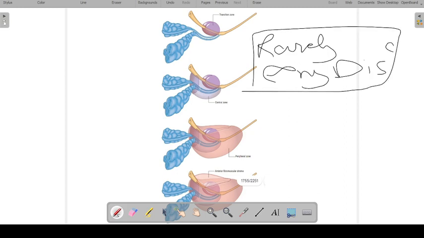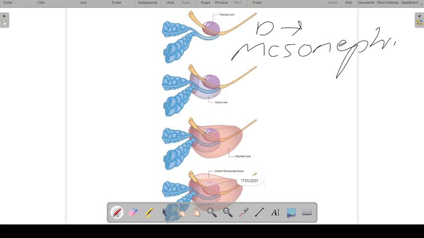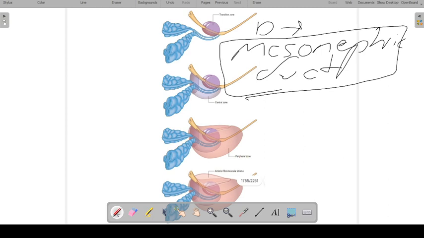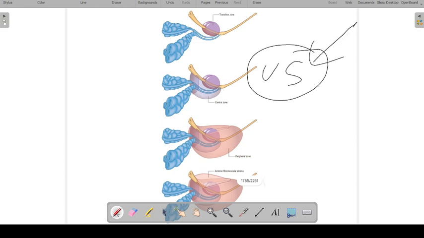Histologically it is different from the rest of the prostate, and it is derived from the mesonephric duct, whereas the entire prostate is derived from the urogenital sinus, except the central zone.